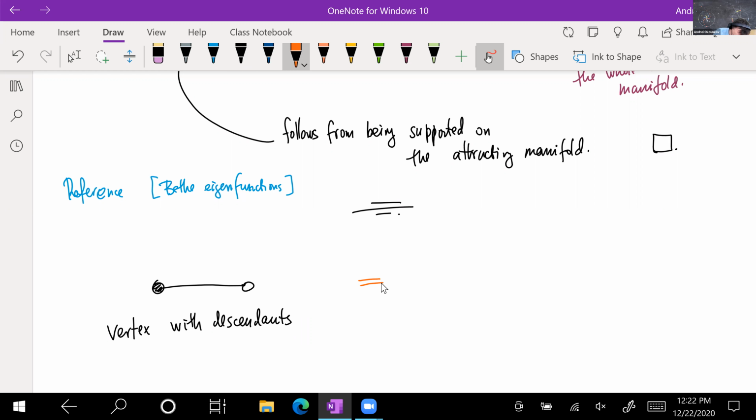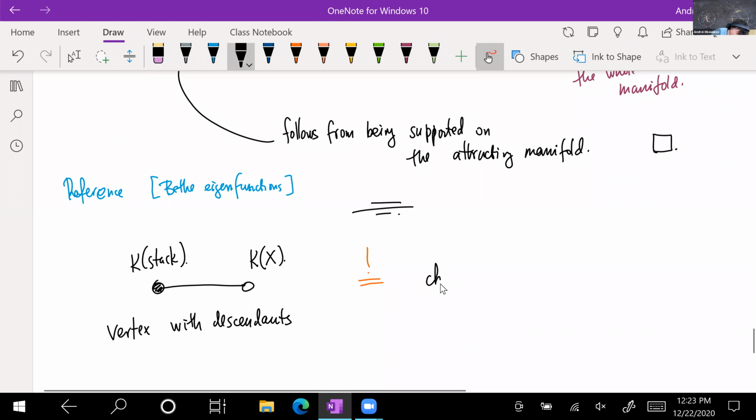I claim that this is in fact equal to this non-abelian, so this connects K of X and K_c of the stack, and this is the Chern character.